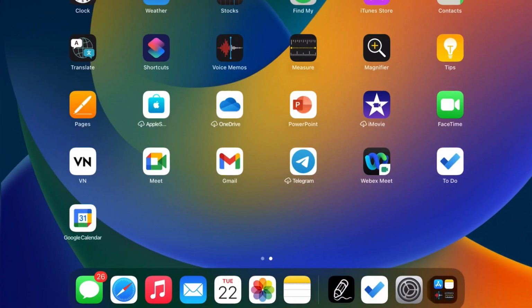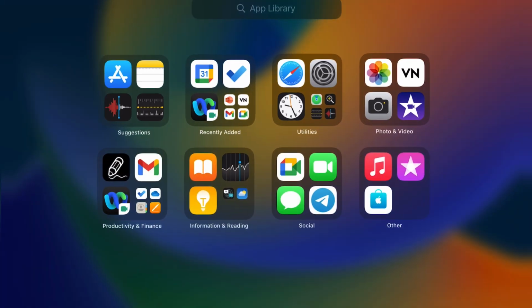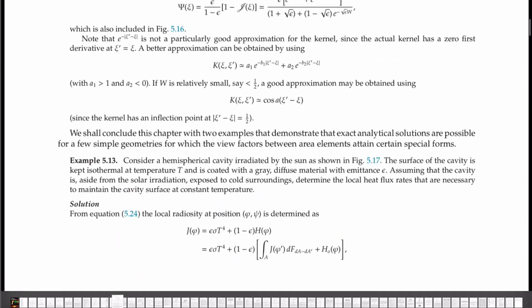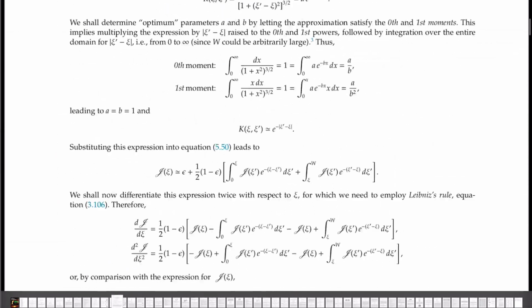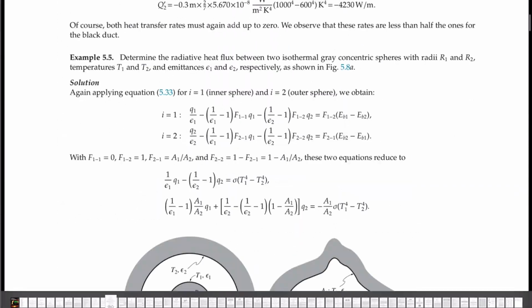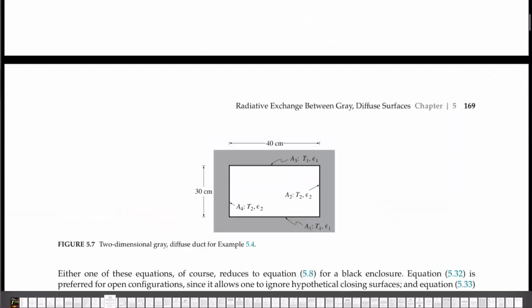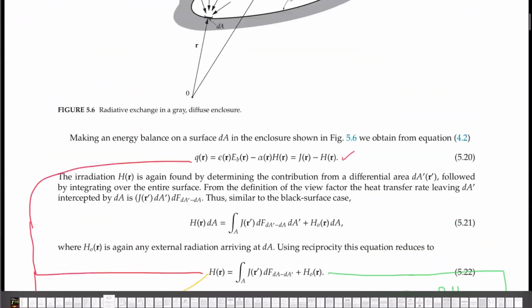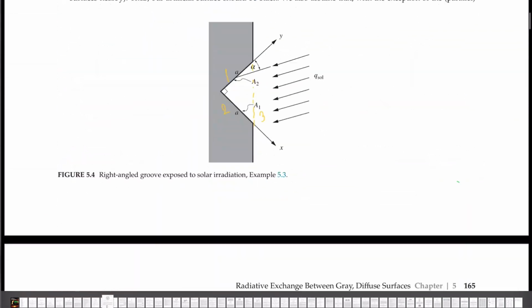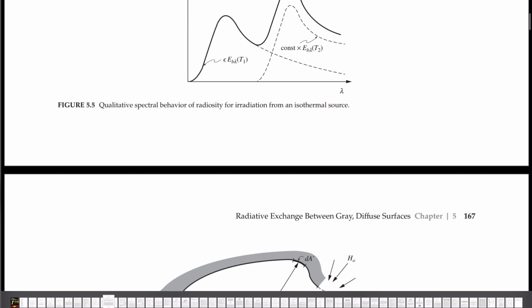Okay, so let me go to the book again. The book was here, I think. So which one did I solve? Okay, I solved this problem, this one.